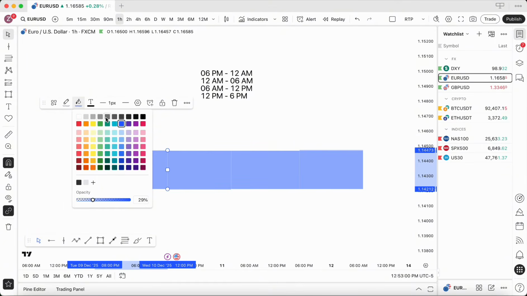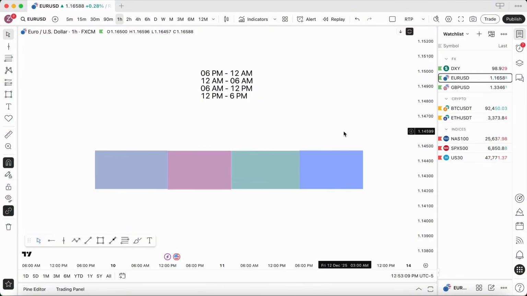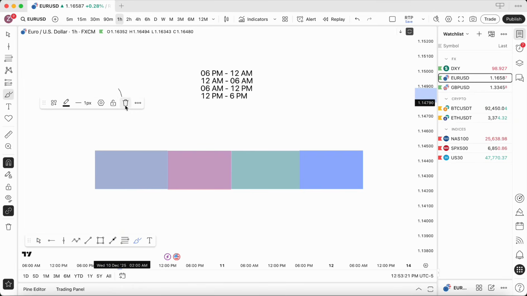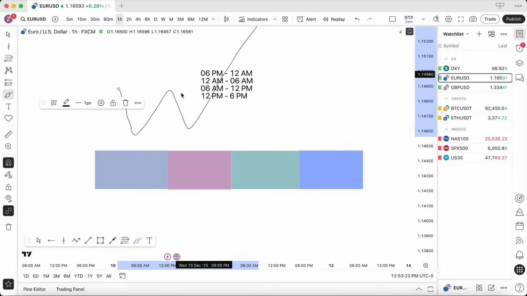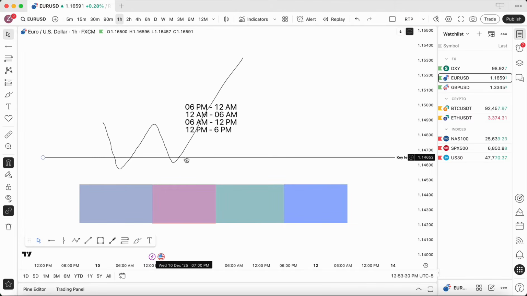If you don't know where the key levels are, you are lost, and I can guarantee you that you will be lost. And now again, 6 to 12, 12 to 6, 6 to 12, 12 to 6. And you always have to use it with key levels. If there is no key level, it will fail.